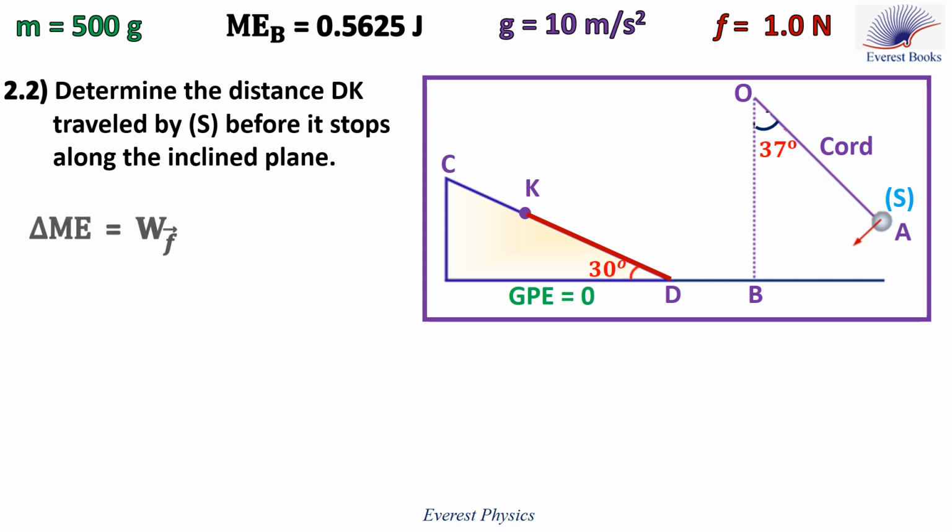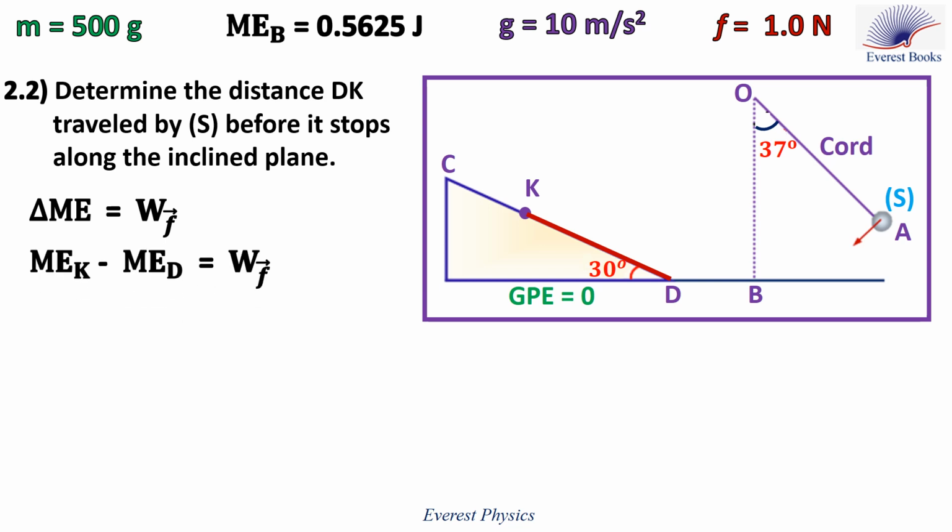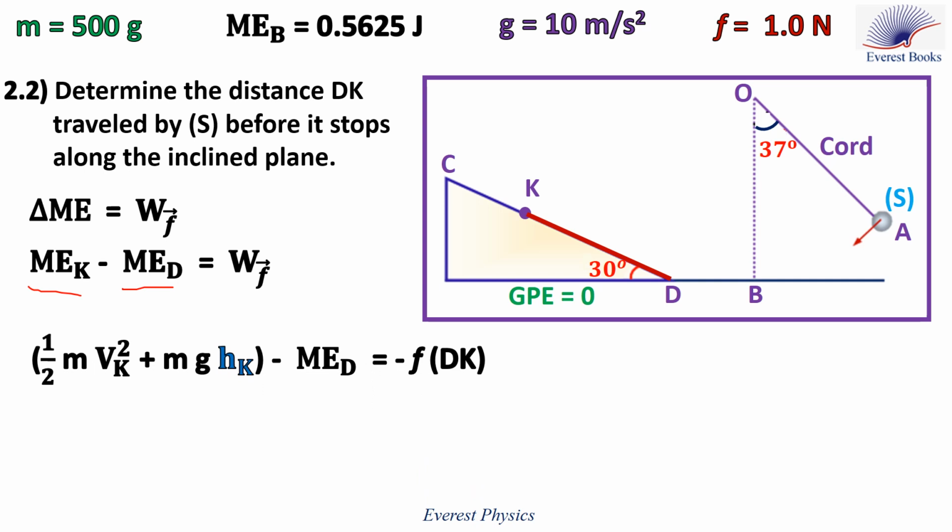Let's use this equation. The change in the mechanical energy between points D and K equals the work done by the friction force between these 2 points. Delta ME equals the final mechanical energy minus the initial mechanical energy. Replace the mechanical energy at point K by 1/2 m vk squared plus m g hk. 1/2 m vk squared equals 0 because S stops at point K. Now we need to calculate hk.